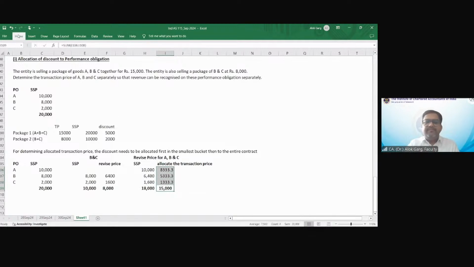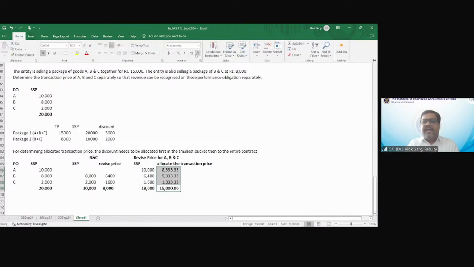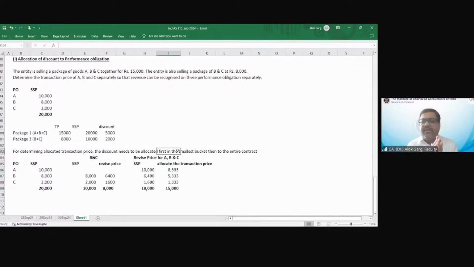Friends, the standard says that the transaction price needs to be allocated in the ratio of standalone selling price of the performance obligation. But in case there is a discount on the smaller bucket than on the entire contract, the standard says that you need to first allocate the discount and then determine the revised price.